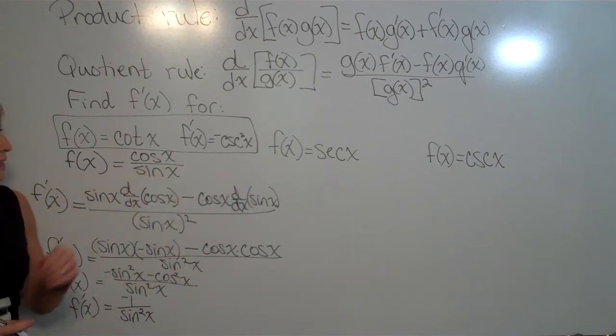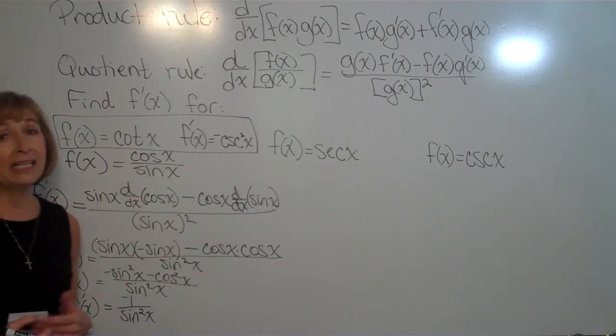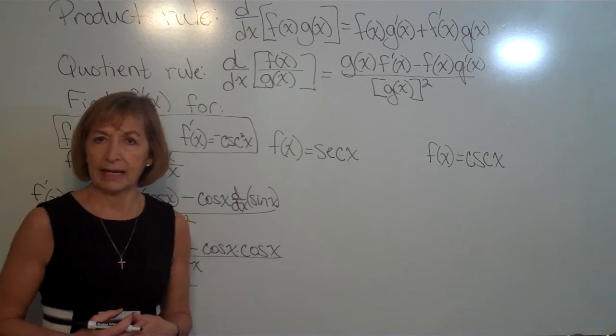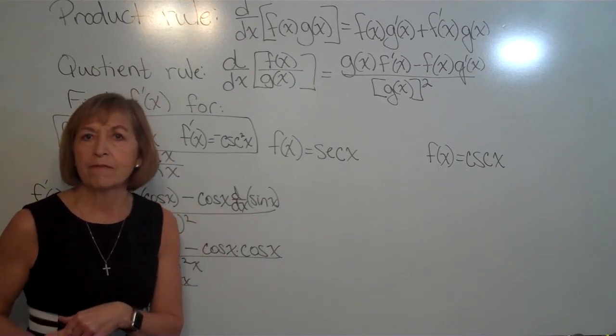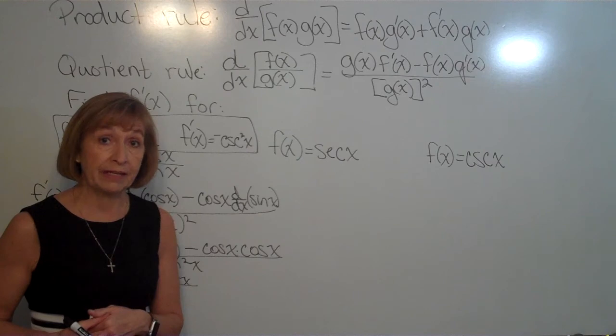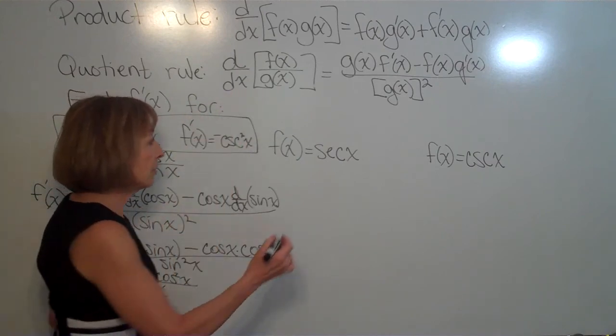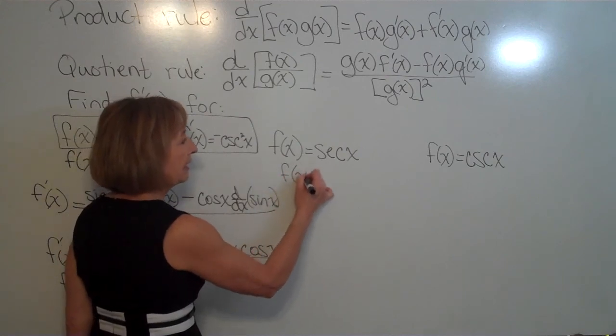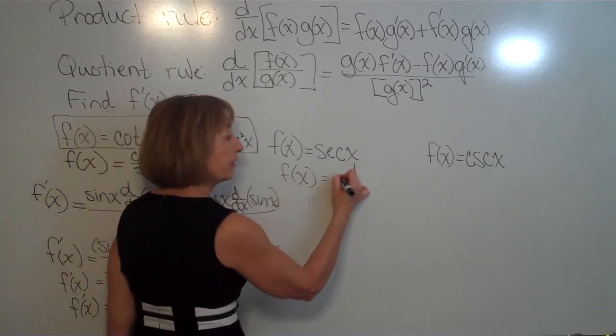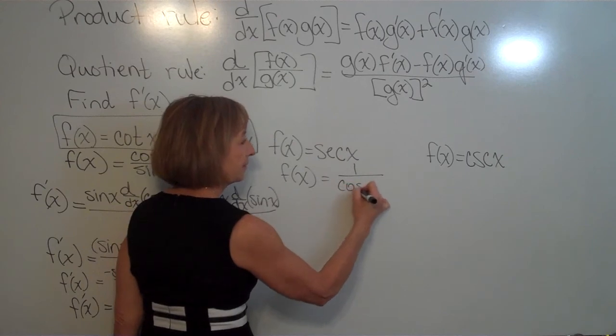Let's look at the next one. F of x equals secant x. Here I really only have one way that I can rewrite this in terms of functions that I already know the derivative of, as well as what I can apply with my rules. So we're going to write this function secant x as its reciprocal function, 1 over cosine x.